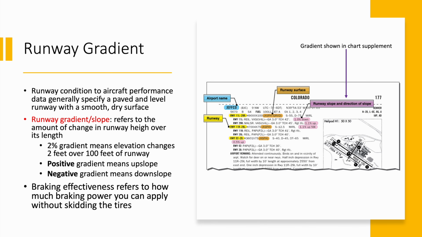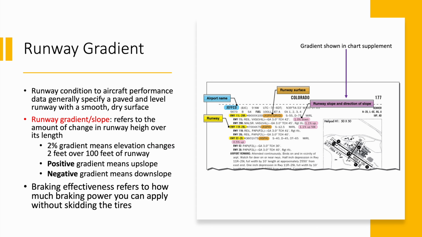Another consideration is runway gradient. If you look at the chart supplement, it'll provide runway information, like if it's paved or not, if the runway's grooved. Our runways here are grooved, which allows rainwater to get off the runway. It'll also provide gradient, so 1% down, 1.1% up, and that's also going to affect your takeoff and landing performance.